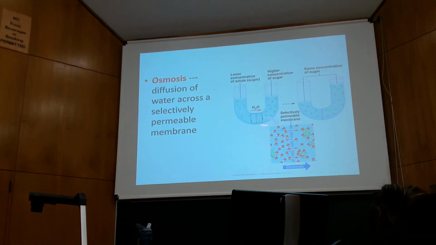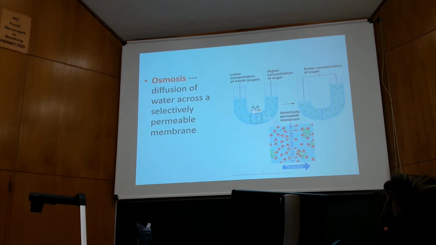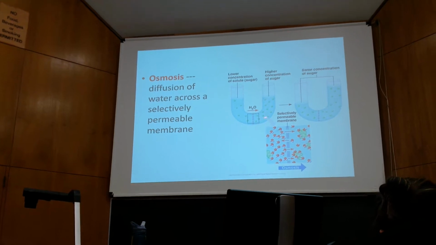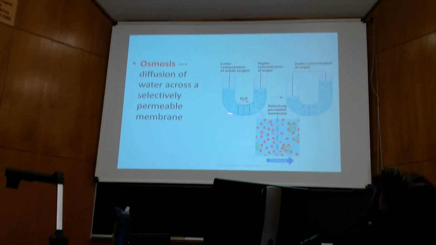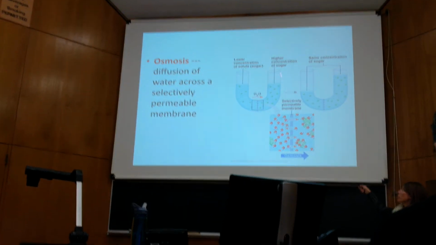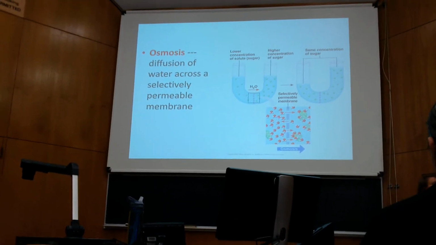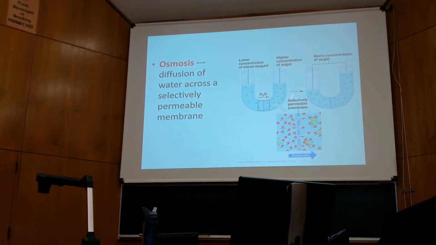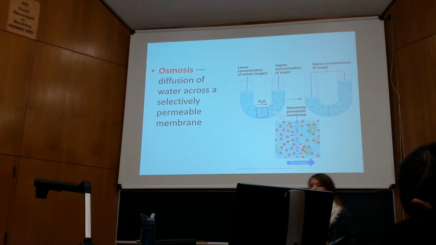Okay, so if we have a tube of water here with a membrane right here at the very center that is big enough to allow water molecules through, but not these sugar molecules, water will move from where it has a higher concentration to the lower concentration of water molecules. If you want to think about it in a solute way, it's from the lower solute concentration to the higher. It's trying to equalize the ratio of water to solute.